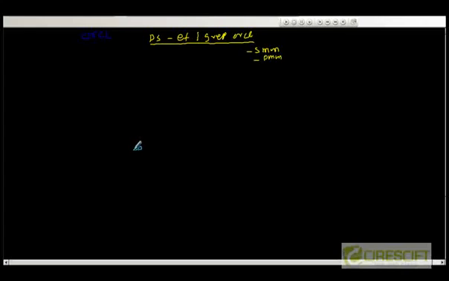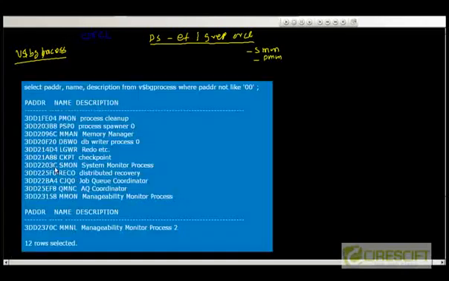The second way is to look at a view called V$BGPROCESS. By querying V$BGPROCESS, you can figure out which database processes are running right now. I've already done that on my Unix system, and this is what I got. On my database system, if I select paddr, name, description from V$BGPROCESS where paddr is not like '00', it shows me 12 rows.